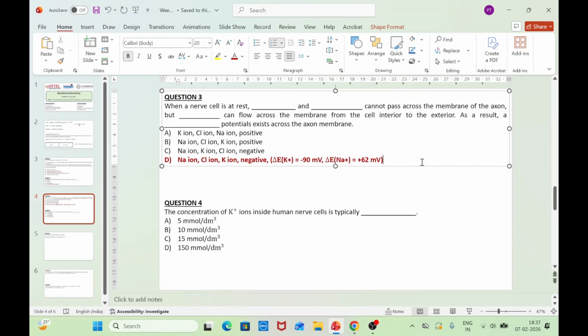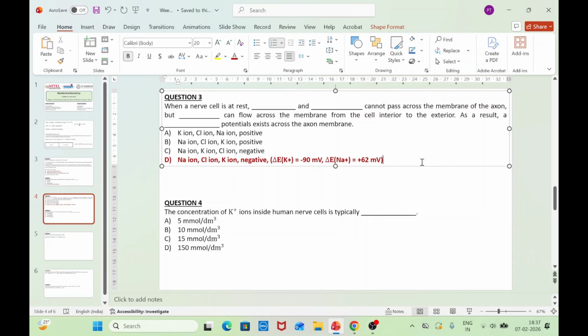The K plus ions have low hydration energy, so when they try to pass through the openings in the membrane, the solvation shell around the K plus ions can shed, and the K plus ions can easily move through.